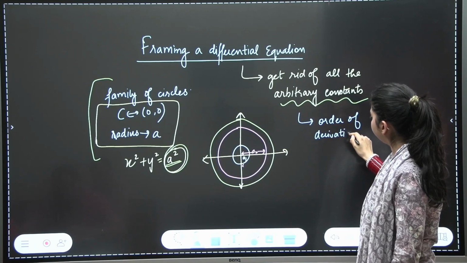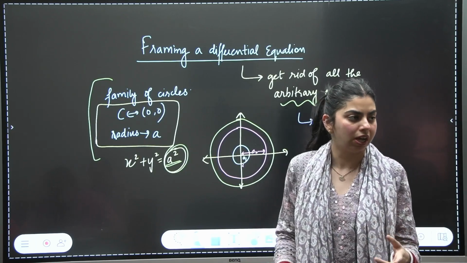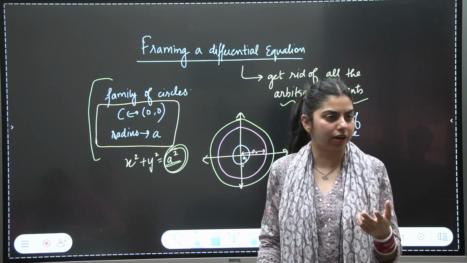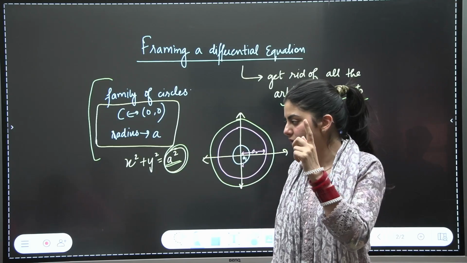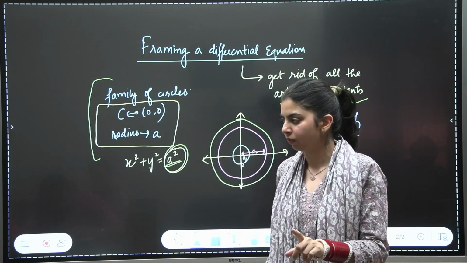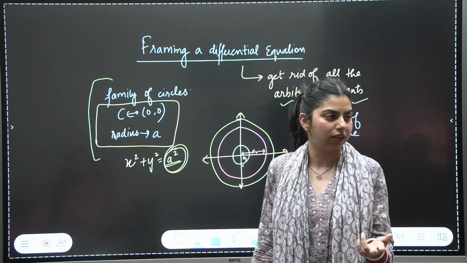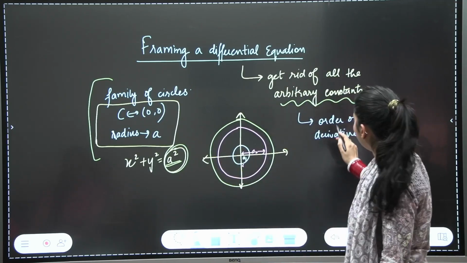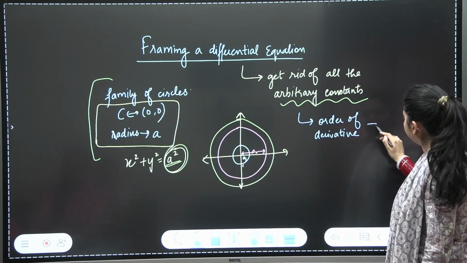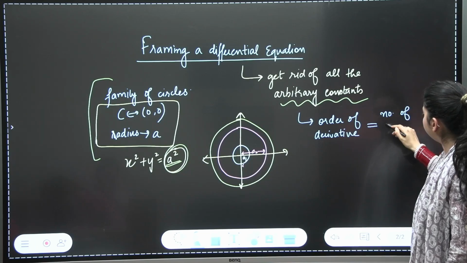Order of derivative is basically how many times you do the differentiation. First order derivative means you differentiated your equation just once. Second order derivative means you differentiated your equation twice. So the order of the derivative should be equal to the number of arbitrary constants.